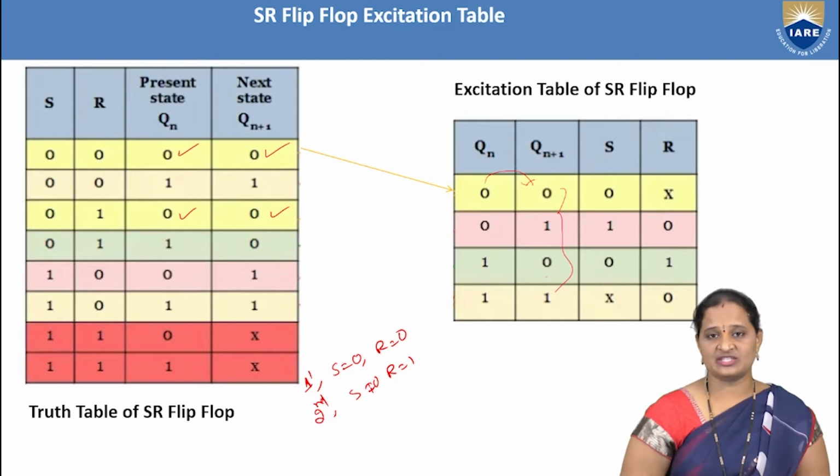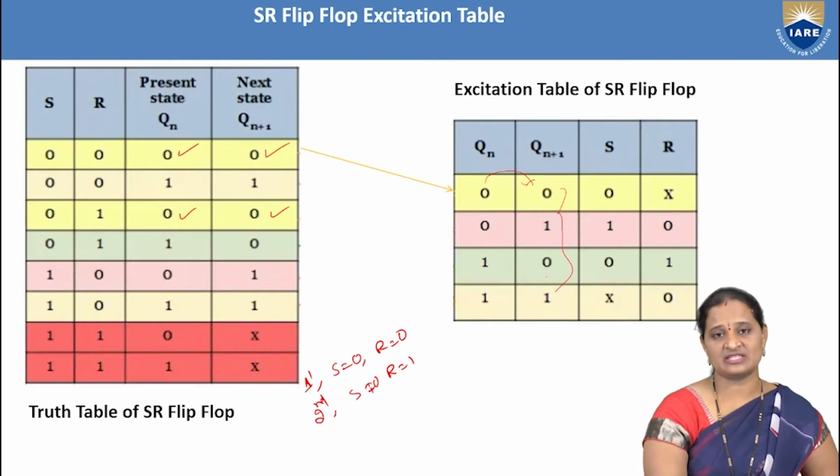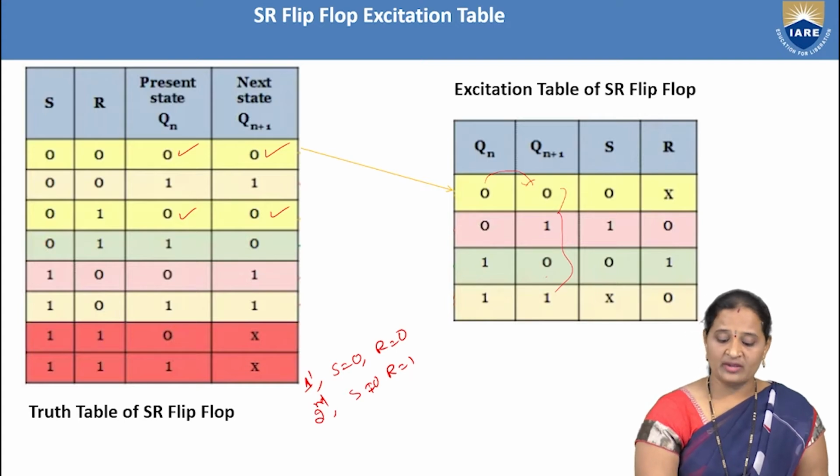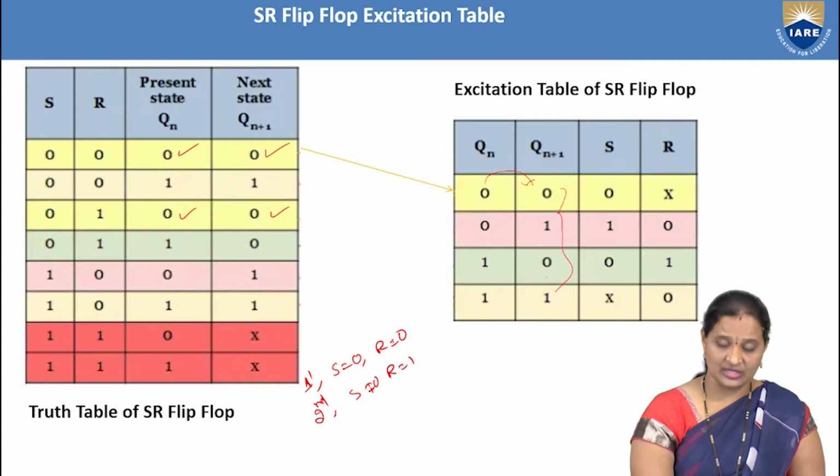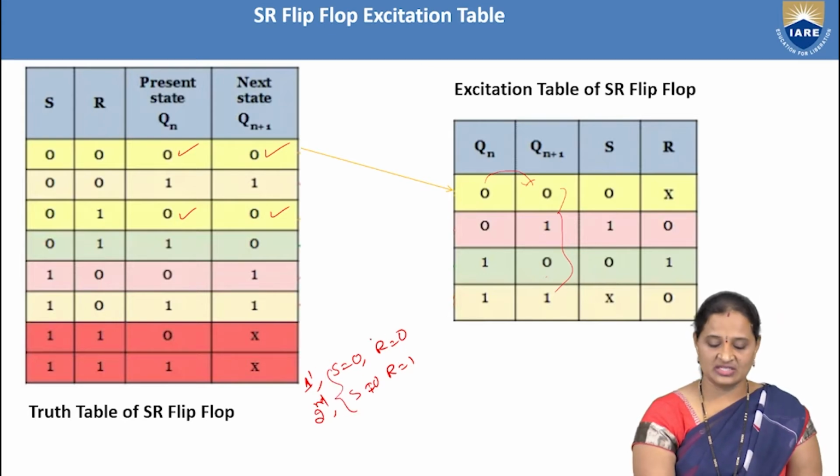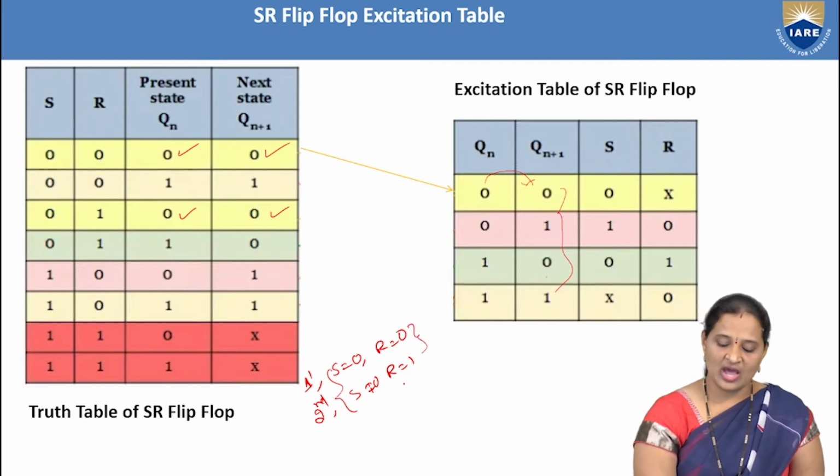That means from present state 0 to next state 0, when S is equal to 0, R is equal to 0, and S is equal to 0, R is equal to 1. If you observe these two combinations, the S value is common, which is 0, whereas the R value is varying, either 0 or 1. So the R value is not constant here.